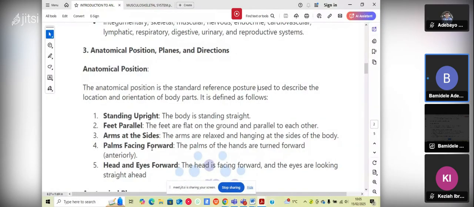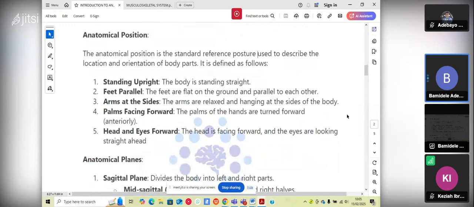Unfortunately, I don't have a diagram here. I could have shown you how it is, but if you just imagine these five steps and picture it in your mind, you can understand what the anatomical position means. When you are standing upright, you are standing straight as a human being.